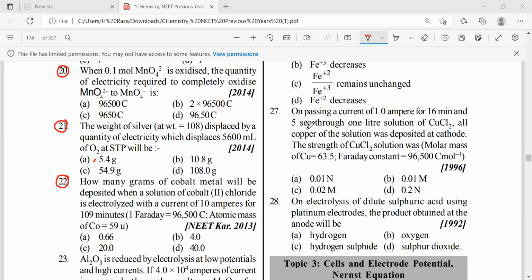Sir, where should I send? Just keep it there. Make a PDF. You will be added soon. Then you will send it. Okay. Thank you.